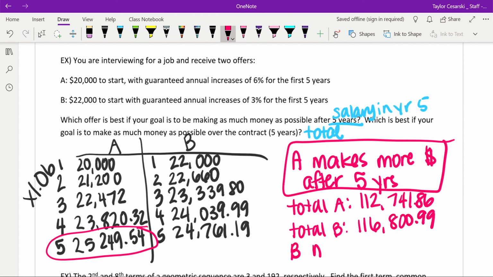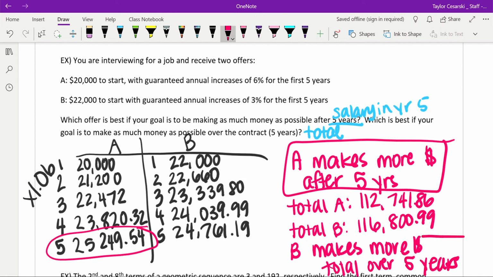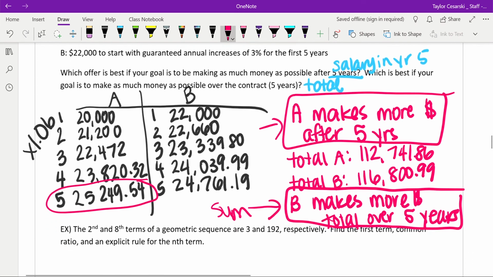So I can see B makes more money total over 5 years. Okay, so you can see that because it starts higher and all these numbers are in general higher than the numbers in A, that although A, the salary is higher after 5 years, B, the total is higher. And that's the difference between a sequence and a series. So this would be the series because that's the sum, and that's just looking at the sequence.